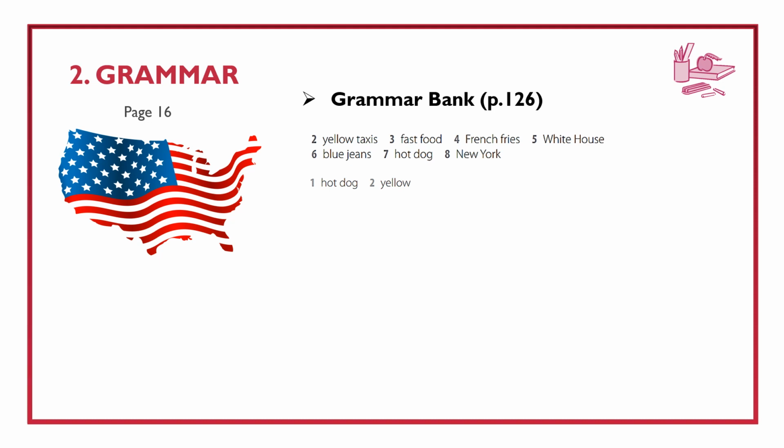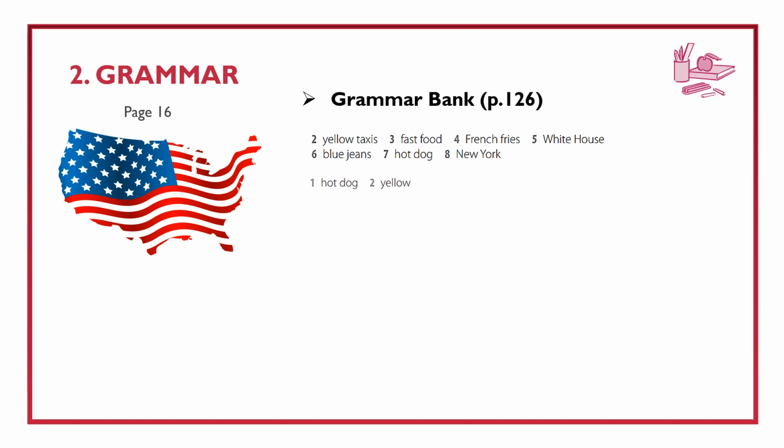So, number one, the White House is in Washington, D.C. White is the adjective here. It's a beautiful picture. The adjective here is beautiful. And it's an old book. So old is the adjective here.